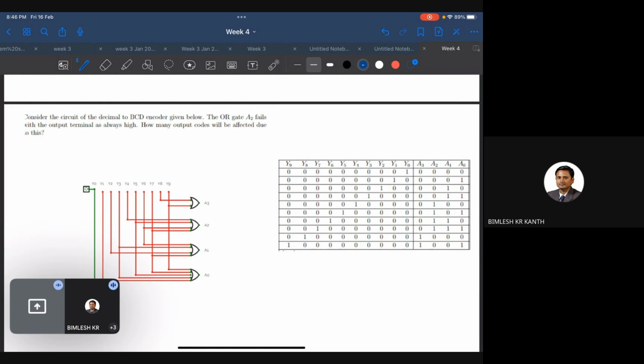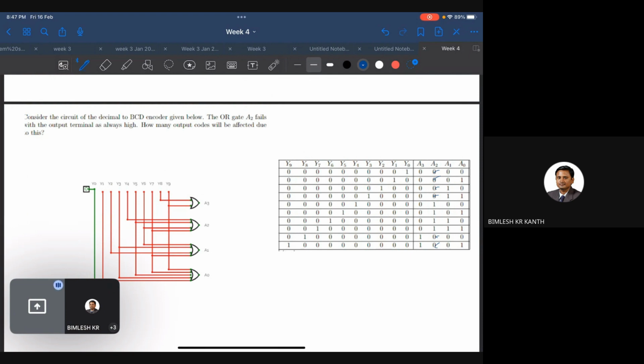No, it is saying A2 fails with the output terminal always high. Does that mean A2 will always be 1? Yes, after failing, it will always be 1. Then in the truth table, in the upper half A2 will always be 1. Correct? Yes, correct. So you can see that 1, 2, 3, 4, 5, 6 will be affected. Correct.